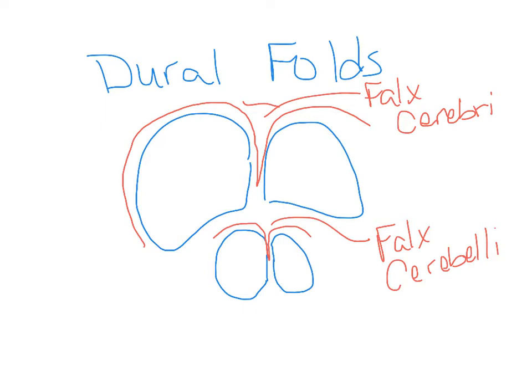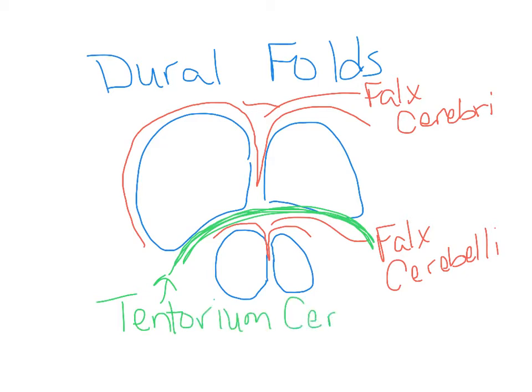Finally, we have the last dural fold that is kind of a tent over the top of the cerebellum, and it separates the cerebellum from the cerebrum. That is called the tentorium cerebelli. So it's kind of like a tent over the top of the cerebellum.